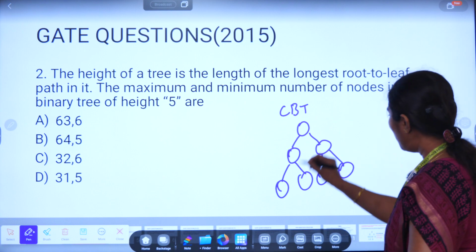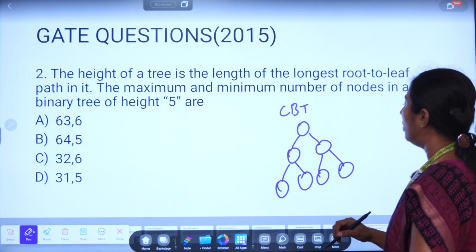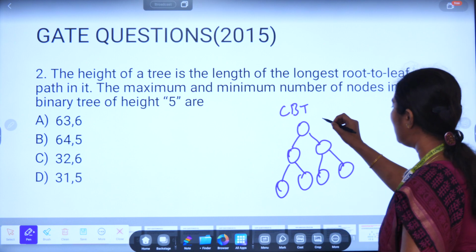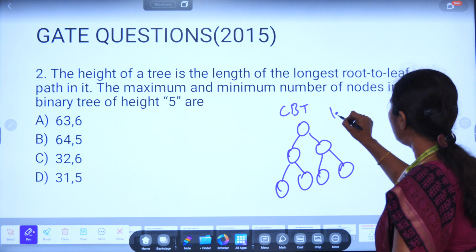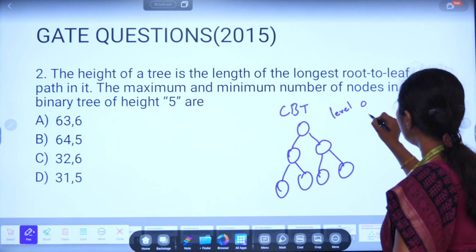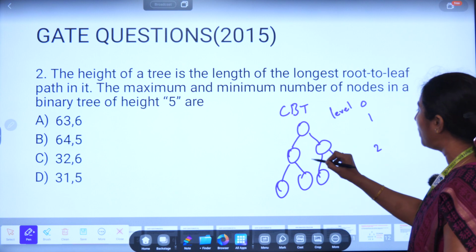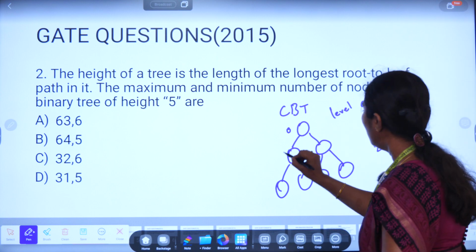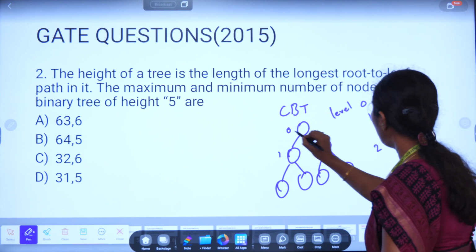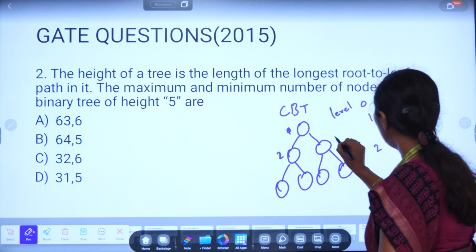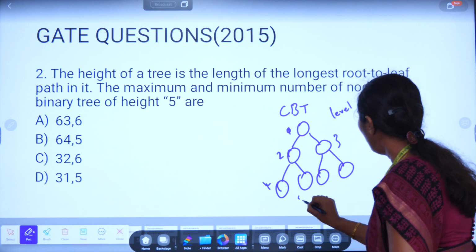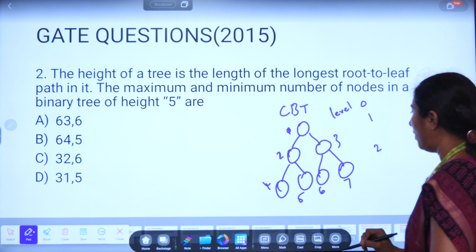In this particular tree, if you consider this as an example, how many levels do we have over here? From 0, 1 and 2, we have 3 levels. How are we going to identify the number of nodes for this binary tree? 0, 1, 2, 3, 4, 5, 6 and 7.